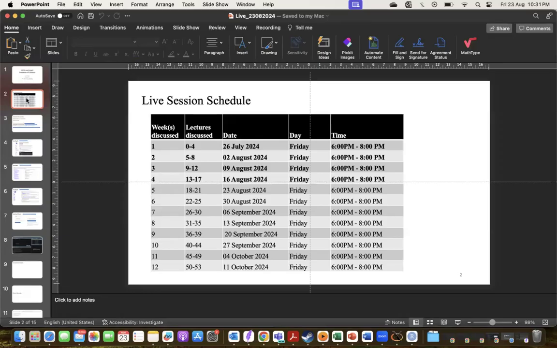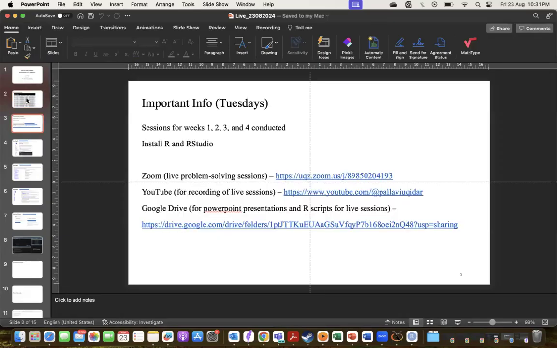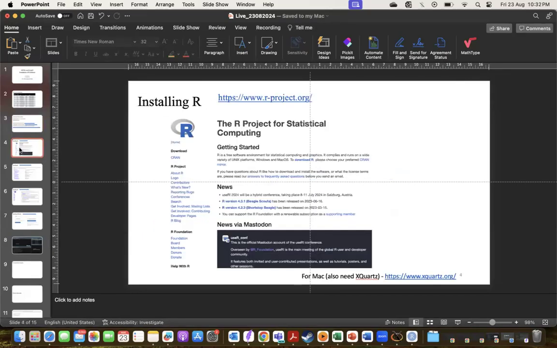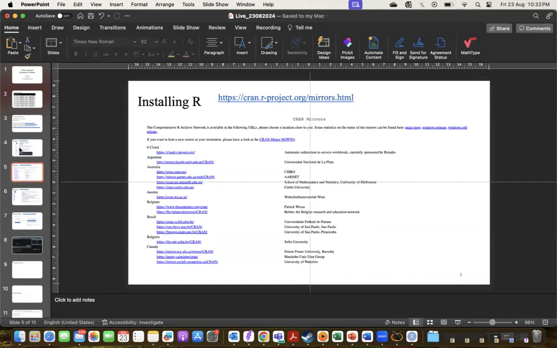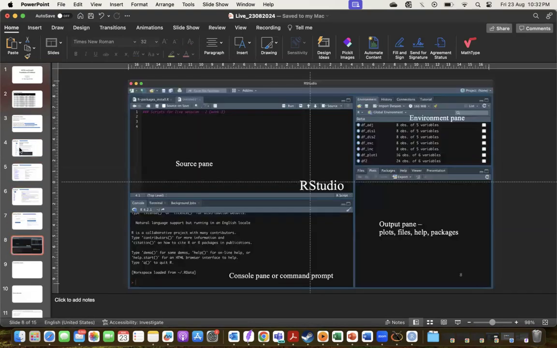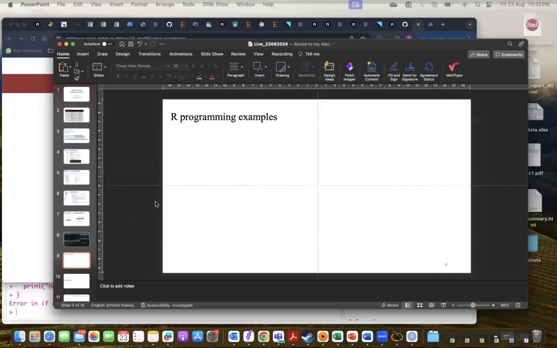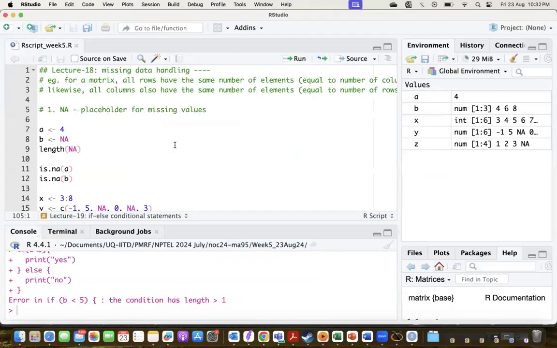We've had 4 sessions, and I think you're already all familiar with what we've covered. By now you would have installed R, and depending upon your preference, you might have installed RStudio as well. This is what it looks like. Then we'll dive right into practicing some commands.